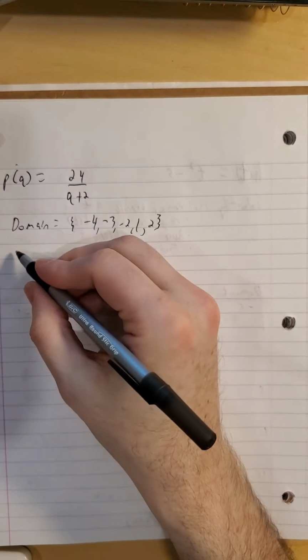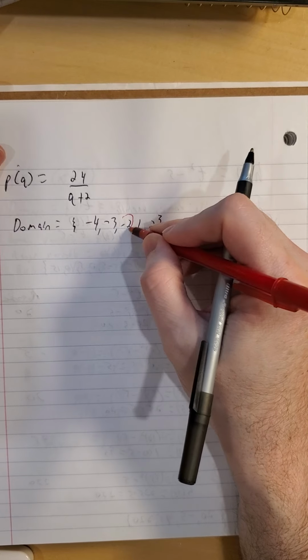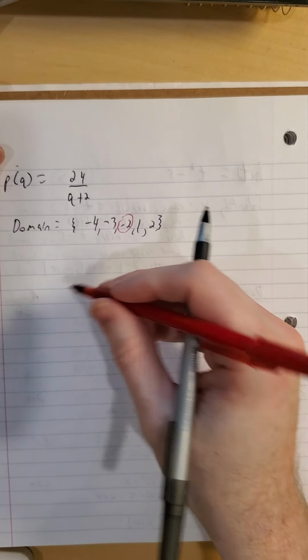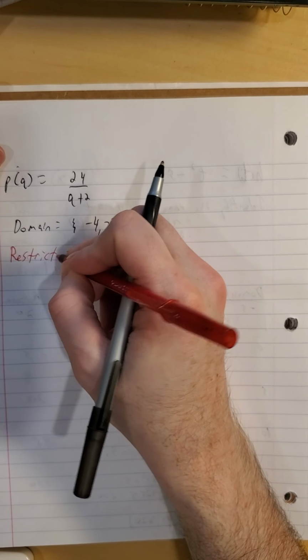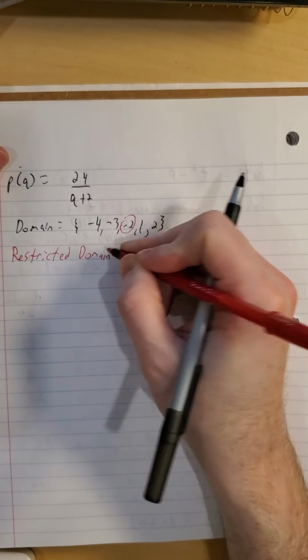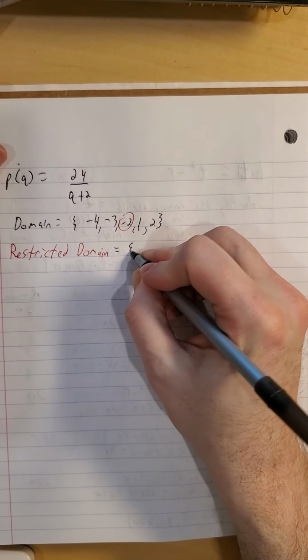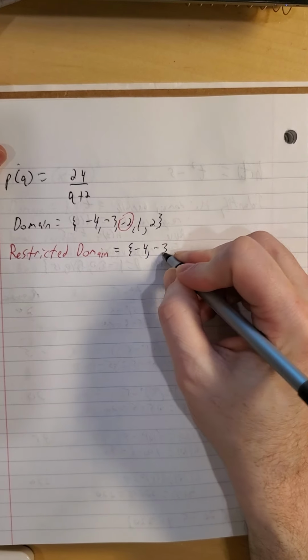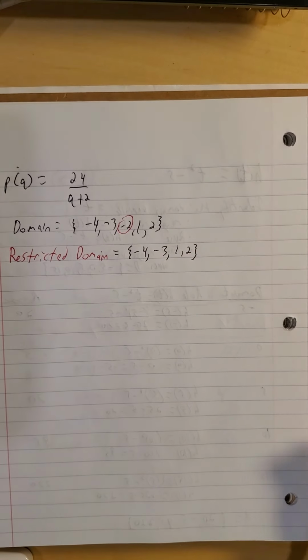On this one, we actually would have to put up a restricted domain. So notice one of these guys would give us a 0 in the denominator. So we would have to create a restricted domain. Our restricted domain, we can use negative 4, negative 3, 1, and 2. I can't use that negative 2 though.